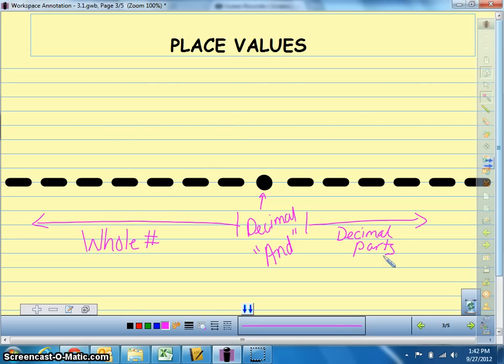And you should be pretty familiar with these ones to the left. This very first place value would be the ones place. We have the tens place, the hundreds place value.